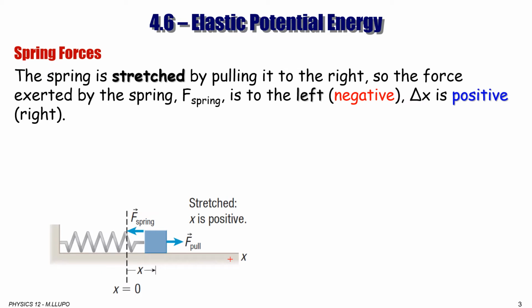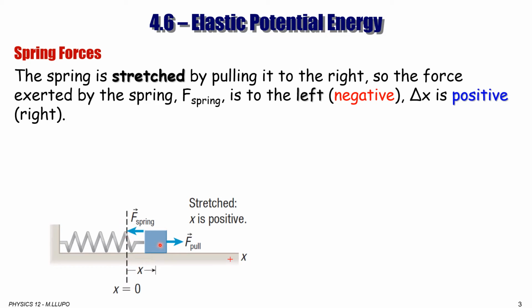If we want to change the position of the box from the rest position to another position, we apply a force. This time we can label that force as a pull force because we are pulling from the rest position. So we are stretching the spring. And you're going to see that the spring is fighting back. The spring is reacting and trying to restore that rest position, that equilibrium.